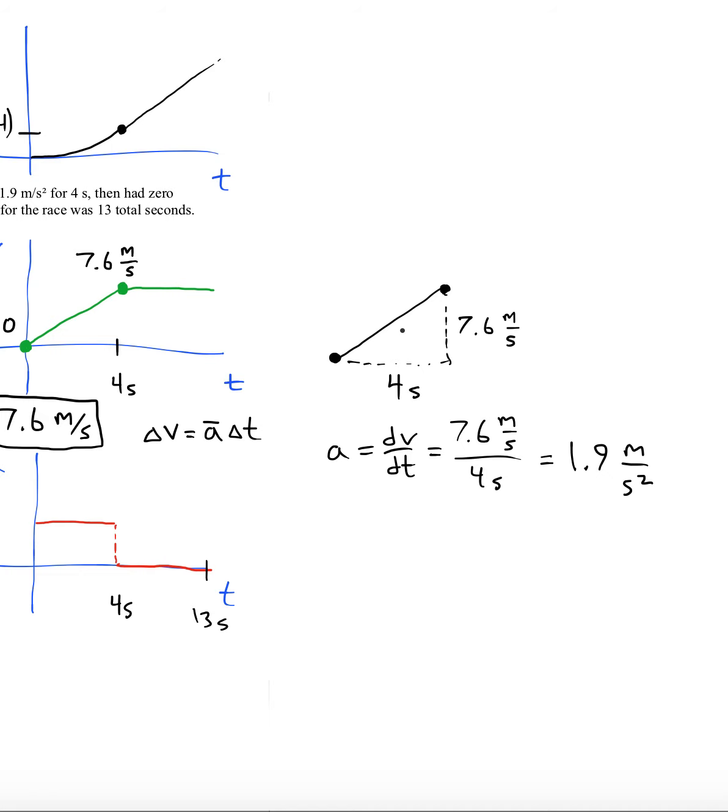So what formula does it have? v of t equals a t plus v i. And since v i is 0, it's just 1.9 t.